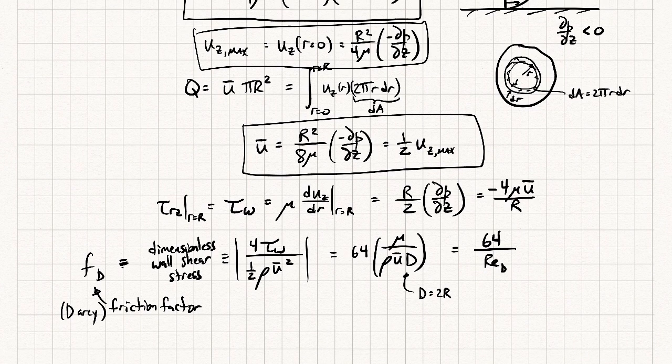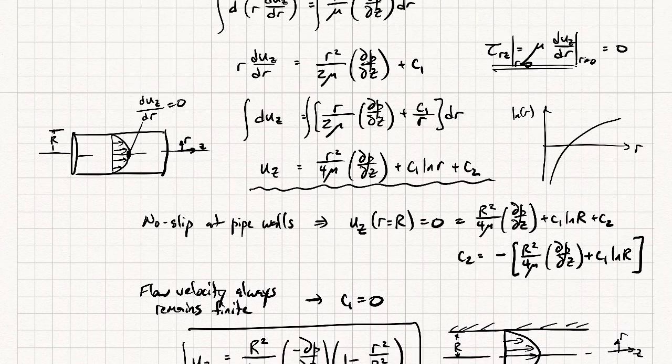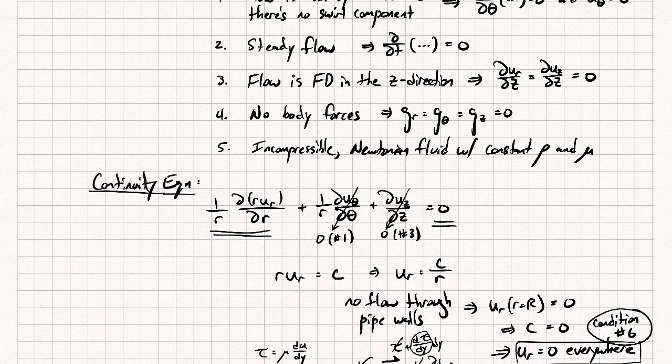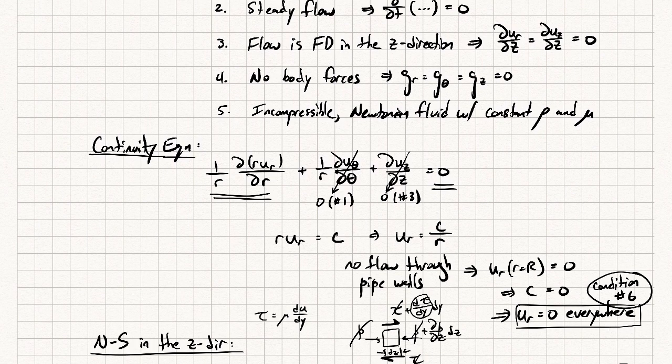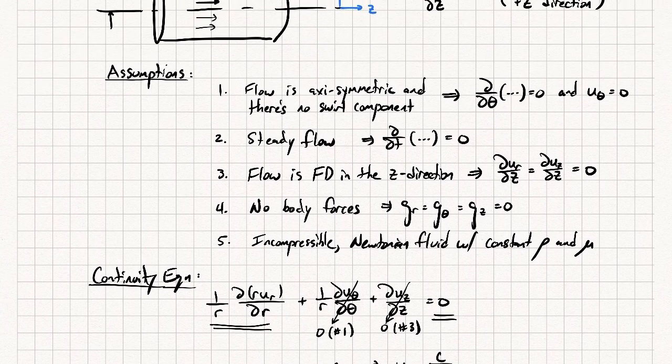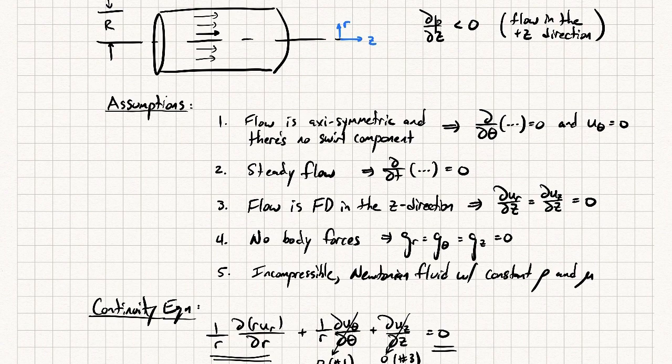Now, if you looked at the previous example I went through, the planar Couette-Poiseuille flow, you'll see that in that example, our assumption that the flow is in layers, that there's no radial component, we call that a laminar flow situation. Actually, here we didn't assume it was in layers, we just showed that it was in layers. It's in layers because we said there was no axisymmetric component and that it was fully developed, so it had to be laminar.